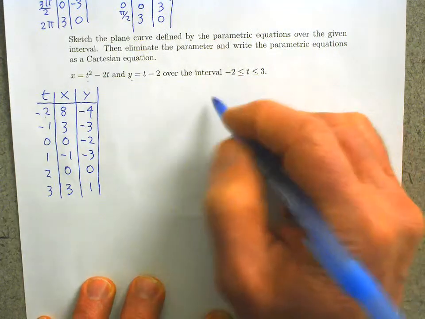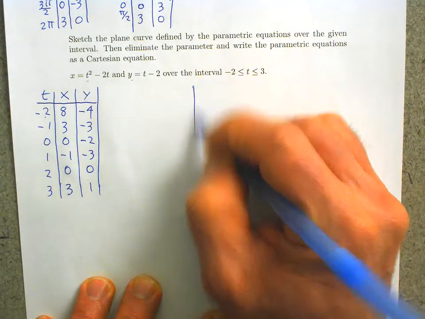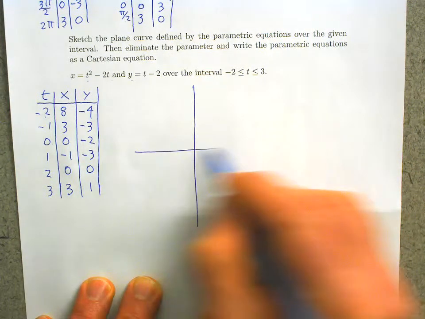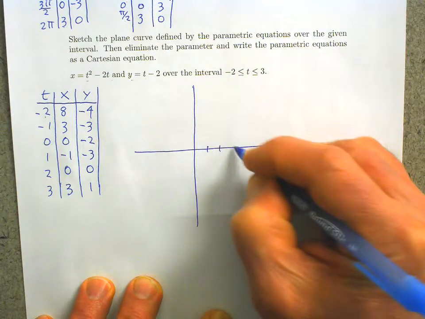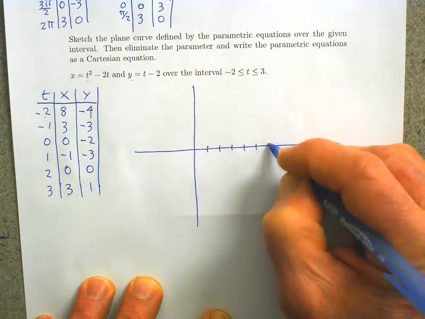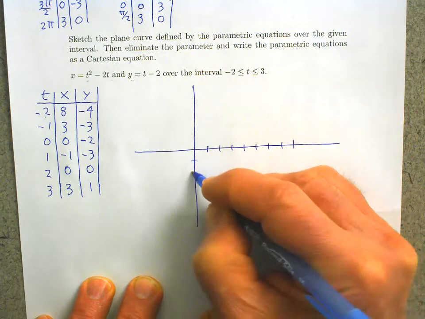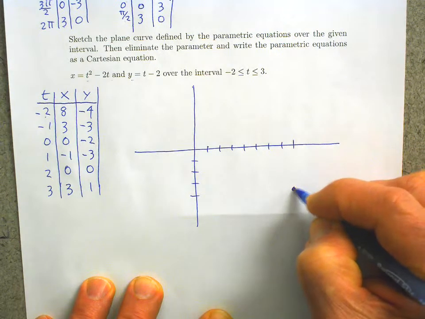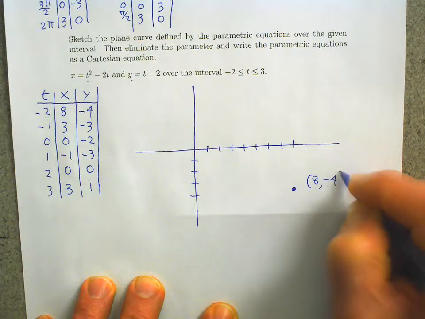Okay, so in the xy plane, we will plot the x and y coordinates. So we're starting over where x equals 8. So the ordered pair, 8 for x and -4 for y.